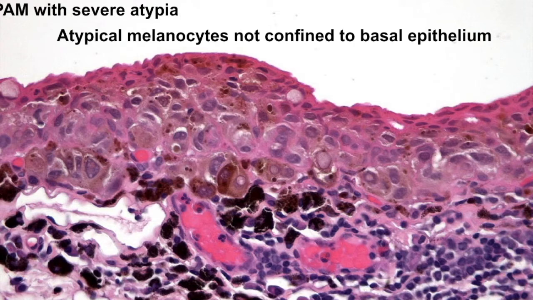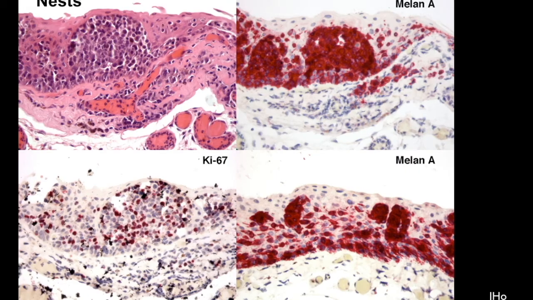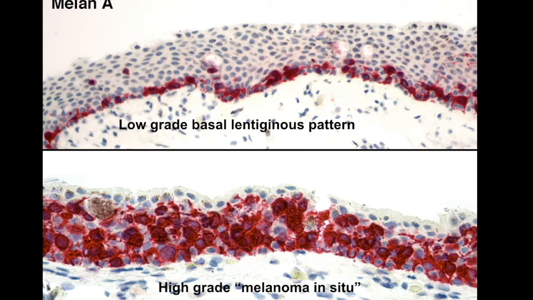Histopathologic features in cases of PAM with atypia that predict progression to melanoma include the presence of atypical melanocytes that are not confined to the basal part of the epithelium, and the presence of epithelioid melanocytes. Pagetoid spread and nests of melanocytes are other factors associated with poor prognosis. Prognosis is better if the melanocytes are confined to the basal epithelium in a lentiginous pattern.